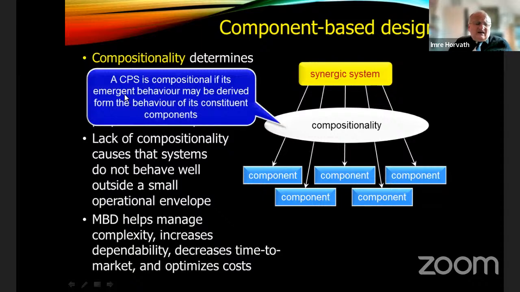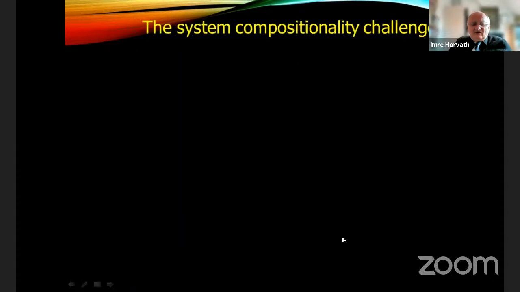We have to take away that a CPS is compositional if it produces emergent behavior, and this emergent behavior may be derived from the behavior of all its components together, from the interaction of the components.